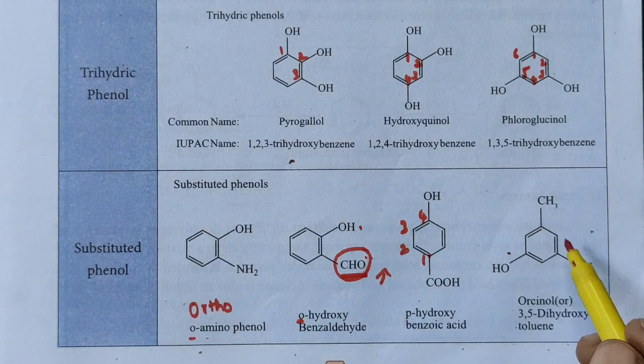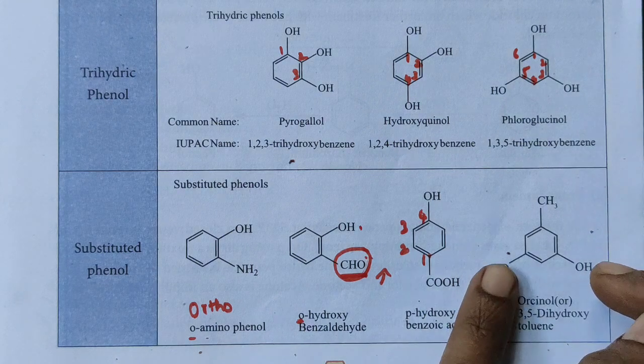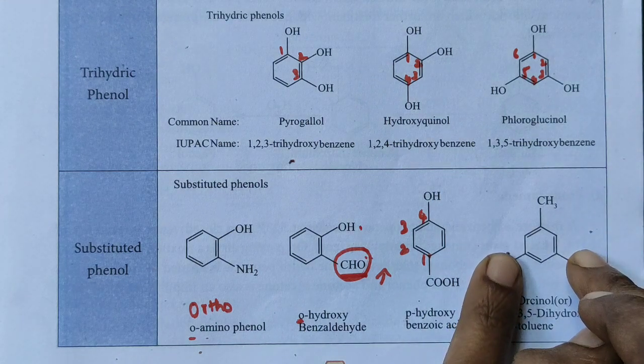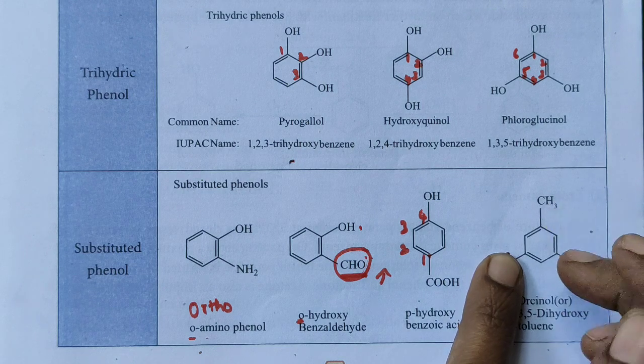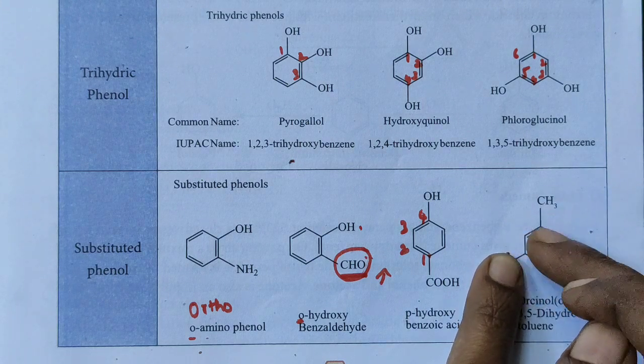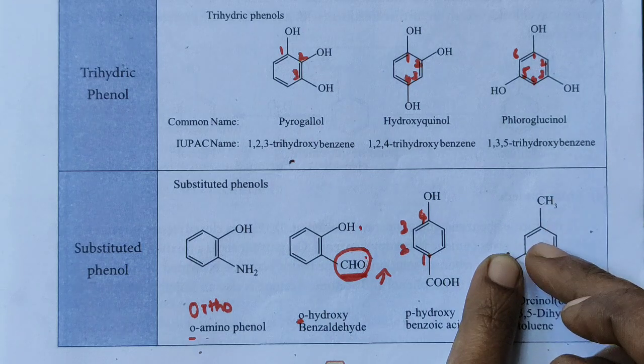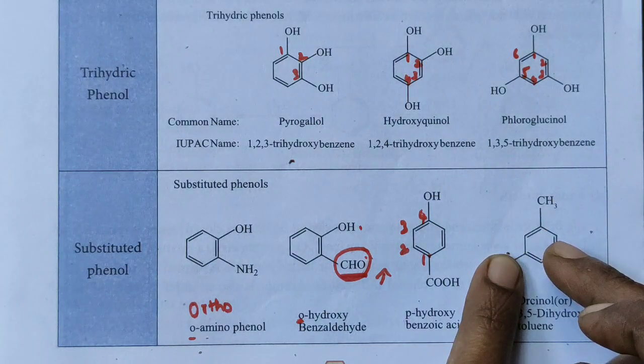Then the last one. Here OH groups are attached to toluene. Toluene is CH3 attached to the benzene ring.